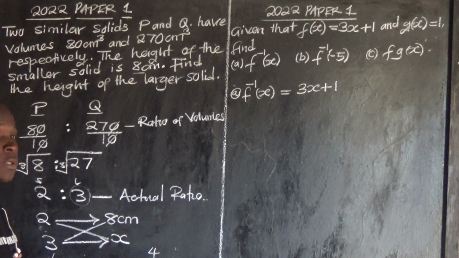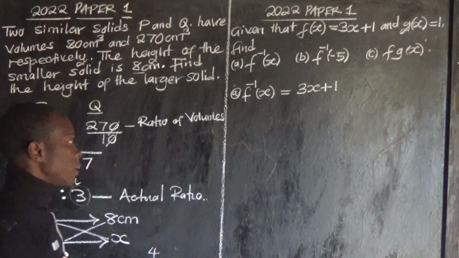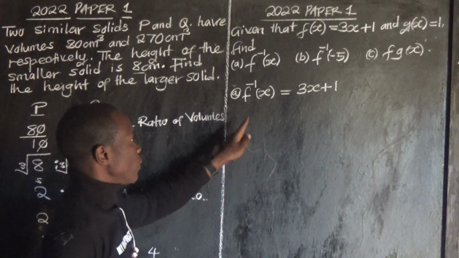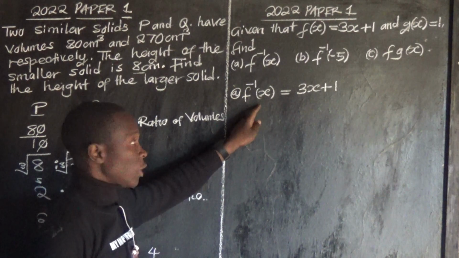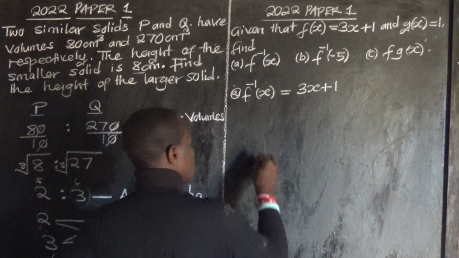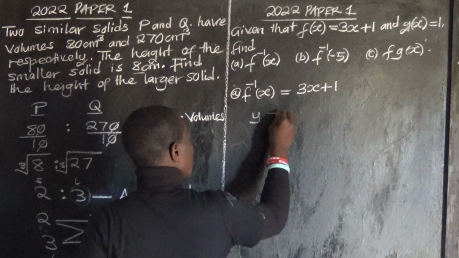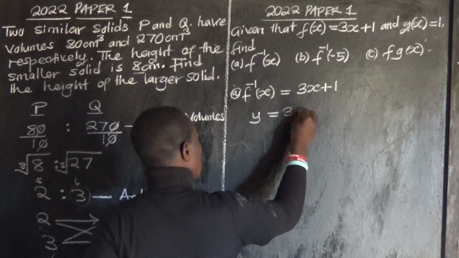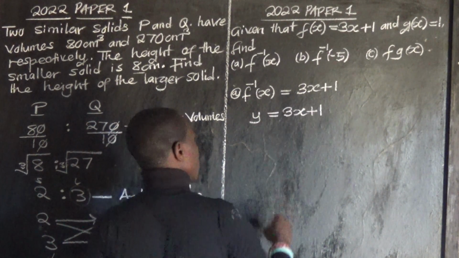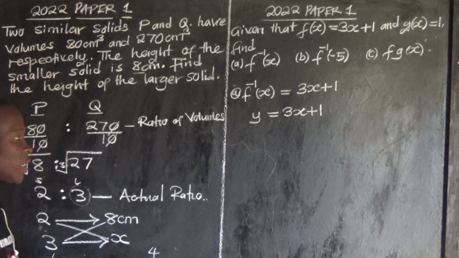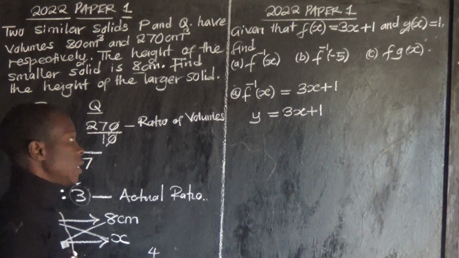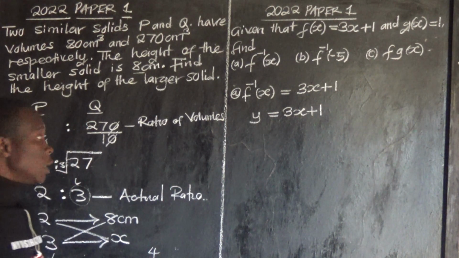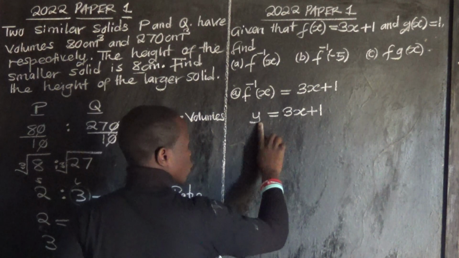Then, step number 2, temporarily we are going to put y where we have f inverse of x. So y is equal to 3x plus 1. I'm saying let f inverse of x be y. Then make x the subject of the formula.